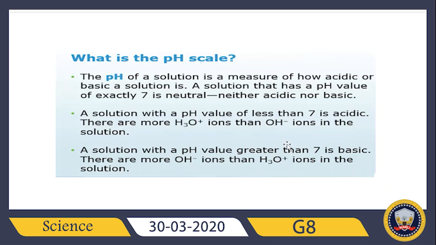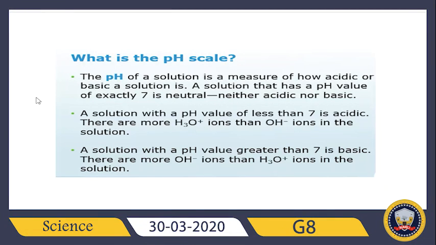So according to that, guys, you may remember that we discussed something called the litmus paper, and litmus paper is a kind of paper that is used to identify whether the solution is an acidic solution or a basic solution. The red litmus paper will change its color to blue in what?